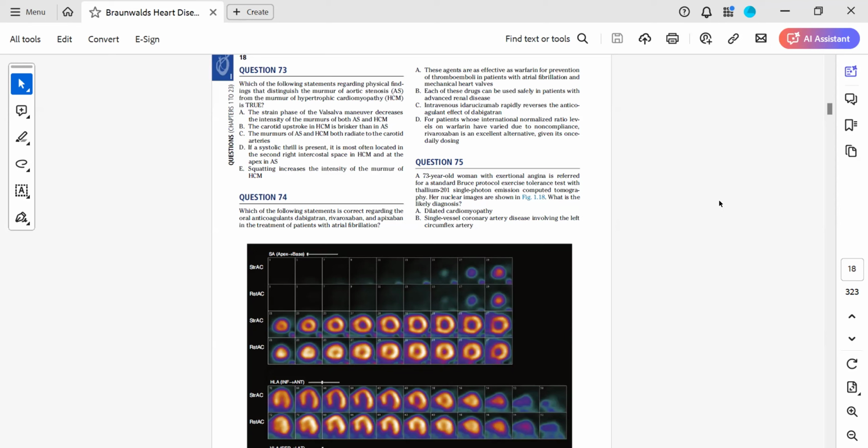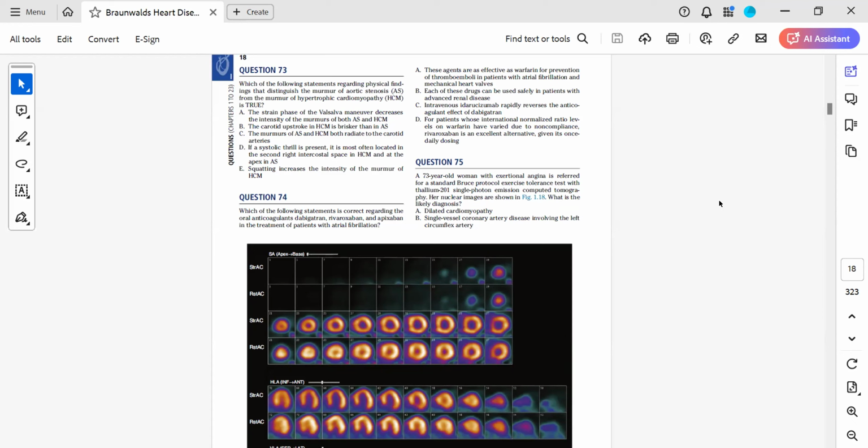They're saying right intercostal space in HCM. So no, it's AS that is located in the second right intercostal space. In HCM, it's the left lower sternal border.